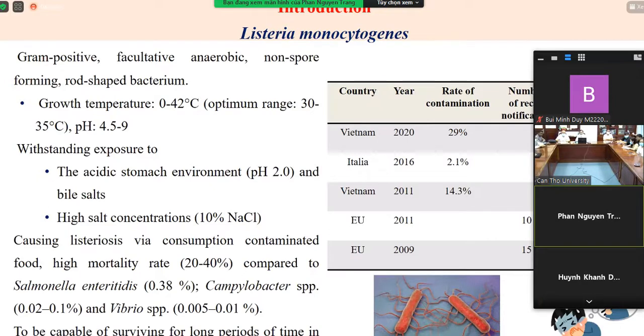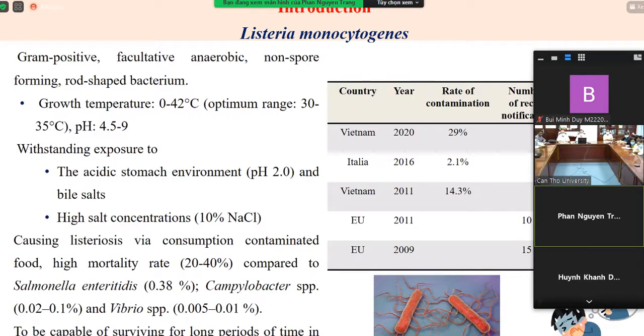Moreover, Listeria monocytogenes causes listeriosis, a serious infection from consuming contaminated food. Compared to other pathogens, the mortality rate is significantly higher. Further, this pathogen is well known to survive for a long time under extreme conditions, and this is a major concern in the food processing industry.